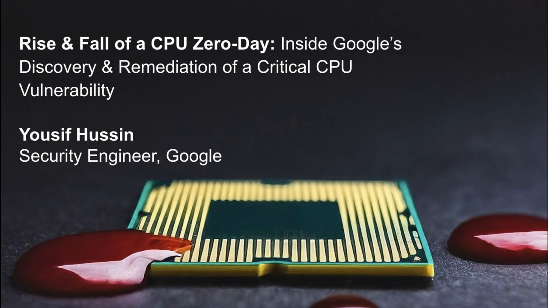I'm Yousif Hussin. I'm a security engineer at Google. I very recently switched teams within Google, and currently I'm in a team called Enterprise Infrastructure Protection. It's basically the team that is responsible for building security controls for Google's infrastructure. And that was very recent.